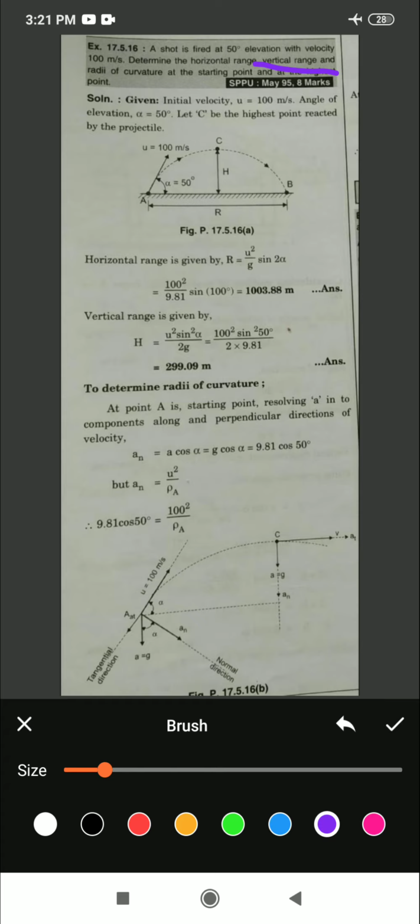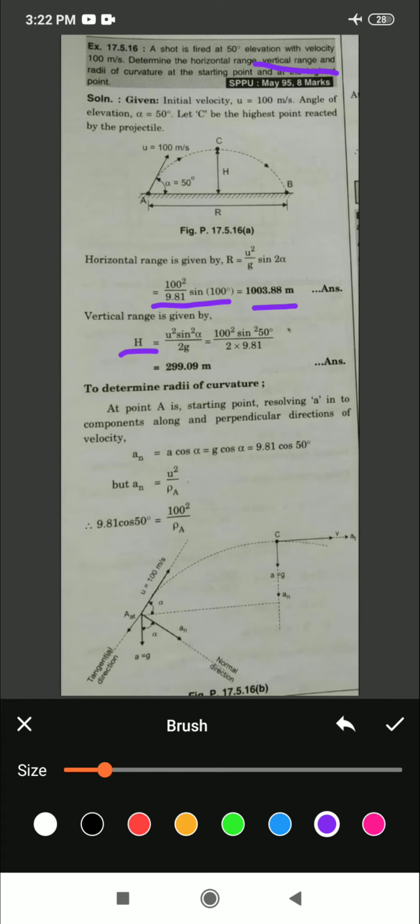The equation is written as 100 square into sine 100 upon 9.81. The answer comes as 1003.88 meter.